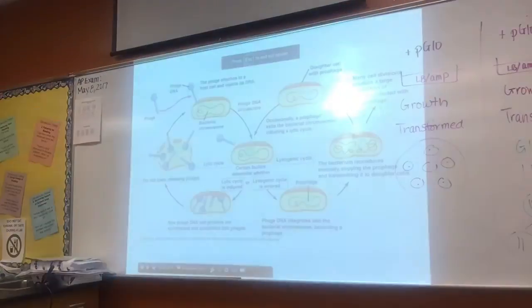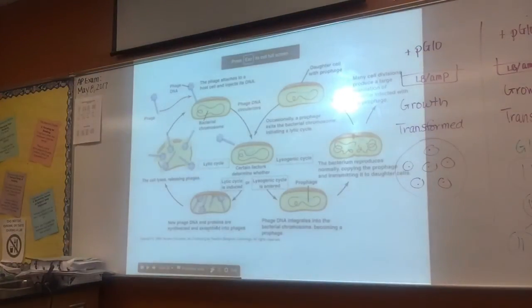So this is this picture here. So this is the lytic cycle where in this case here, the DNA is injected. And the DNA is used to make new viruses, and the host cell dies, and then all the viruses can go and infect new cells. This direction is the lysogenic cycle, where the DNA becomes part of the bacterial chromosome. All right, and so that's called the prophage.